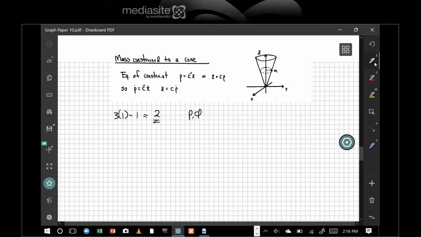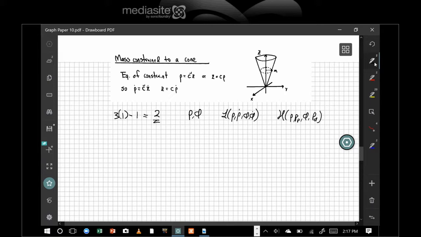So my Lagrangian in general can be a function of rho, phi, rho dot, and phi dot, and my Hamiltonian in general can be a function of rho, phi, p sub rho, and p sub phi.